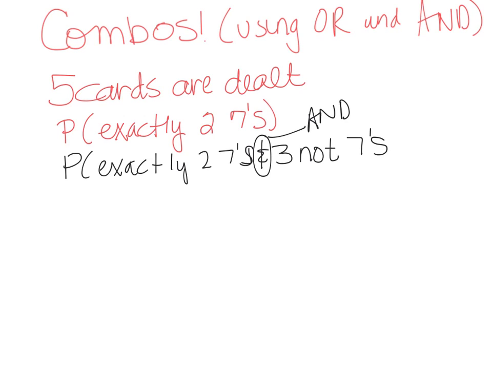But it's actually even more than that because it's one card is 7, and a second card is 7, and a third card is not 7, right? So you really have all those ands together. What makes this one hard, though, is we don't care about the order. So we can solve this problem 2 ways.